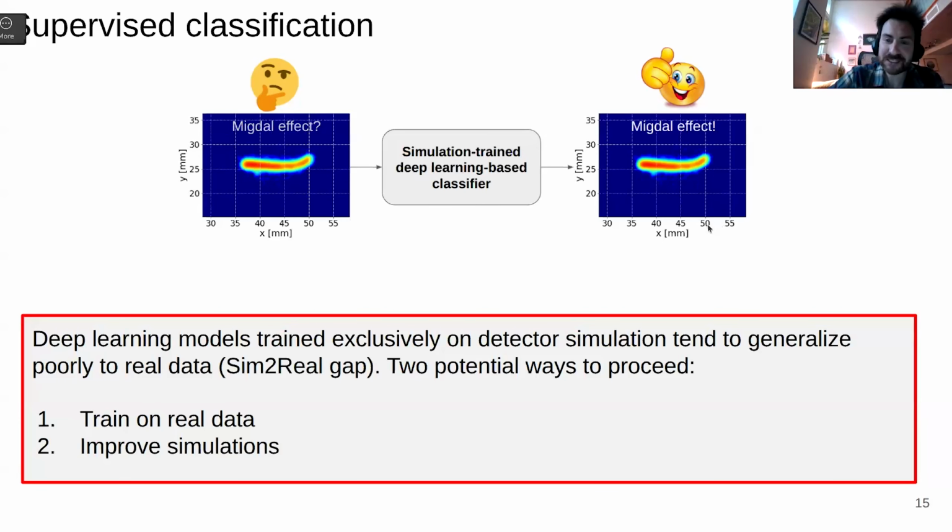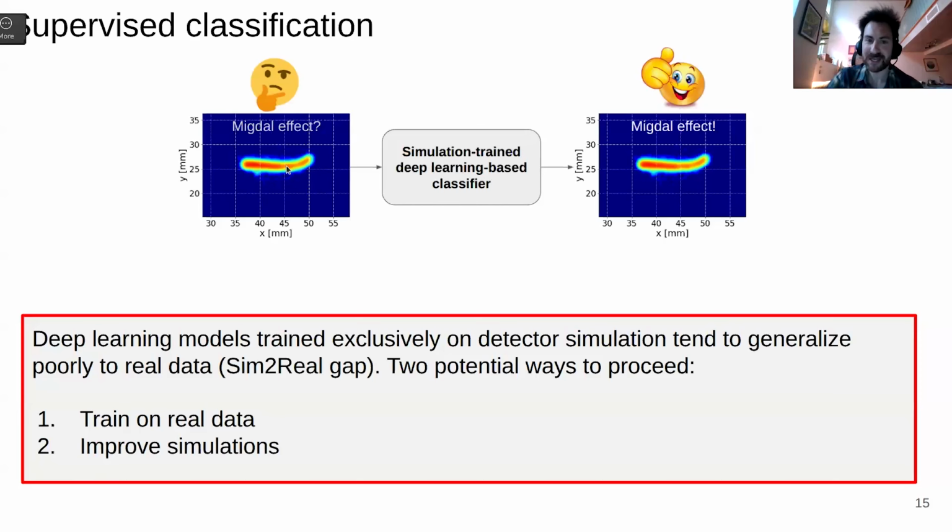If you have experience doing machine learning in particle physics, deep learning models that you train exclusively on detector simulation tend to generalize really poorly to real data. This is called a sim to real gap. The reason is that when you're using a deep learning algorithm like a convolutional neural network, it's basically learning information at pixel level granularity.